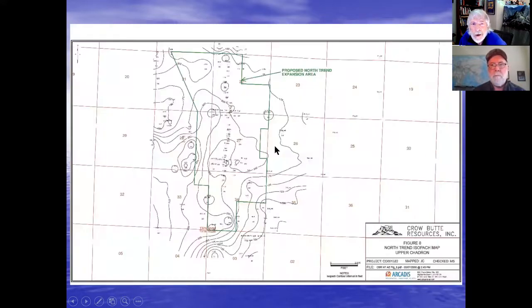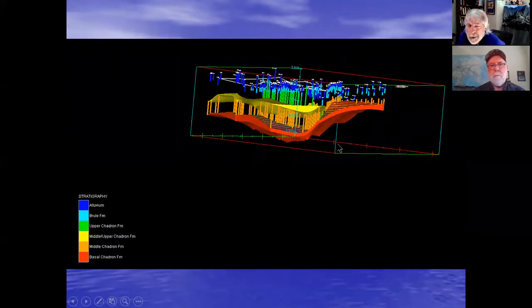From that, we went to the upper Chadron and drew an isopach of just that unit right there. As John mentioned, we wanted to make sure our picks were all looking good and that the contours made sense for the thickness of the upper Chadron. However, we moved past that because we had such a strong database. We put this into a 4DM modeling program that allowed us to really visualize our units.